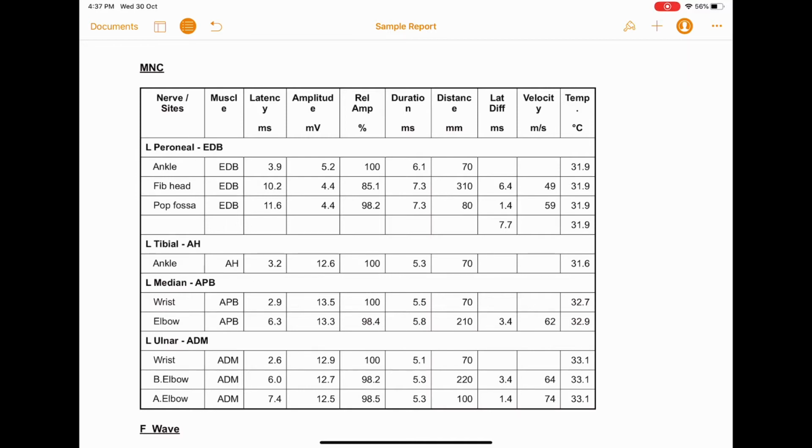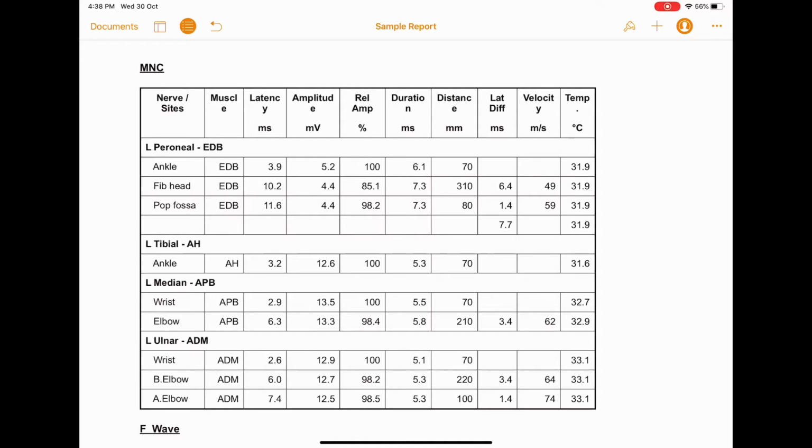Now, other thing to note in the motor nerve action potential, of course, are the normative values of latency, amplitude. Amplitude is similar to what I explained in the sensory nerve, and for the velocities, we want to make sure that when we go from distal to proximal side, the amplitude does not drop too much.